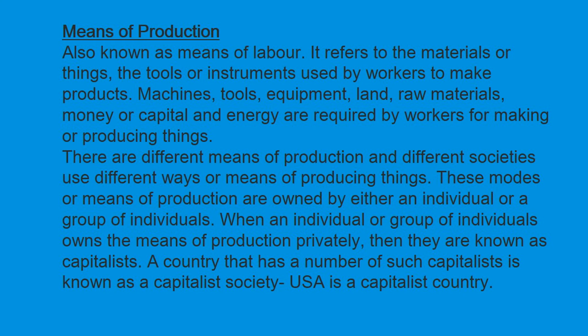These modes or means of production are owned by either an individual or a group of individuals. When a single individual or a group of individuals owns the means of production privately, then they are known as capitalists. And a country that has a number of such capitalists is known as a capitalist society. USA is a capitalist society.